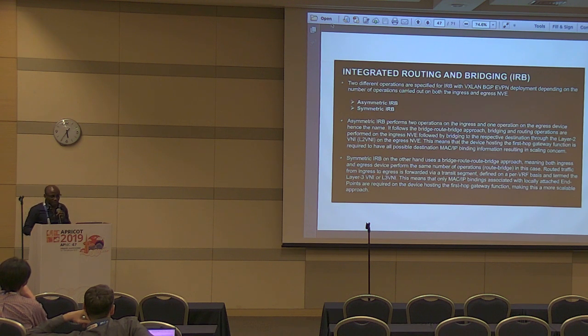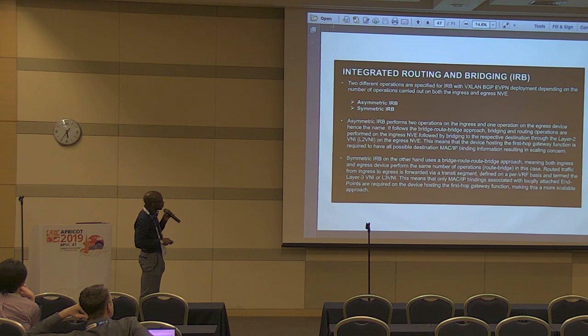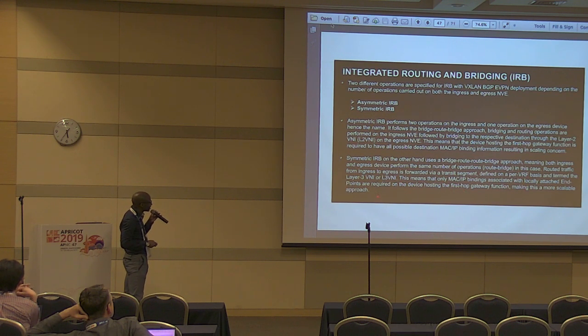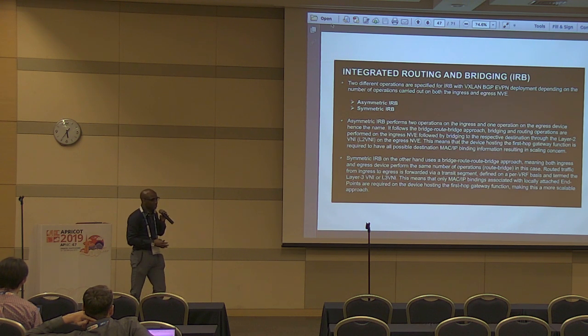And the implication of that is the MAC binding associated with an end host is required on the device hosting the first hop function only. So meaning the first hop router doesn't need to know all the MAC addresses within the data center, for instance.